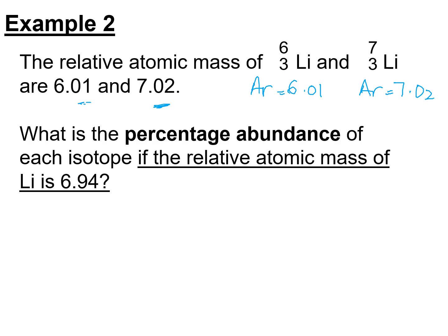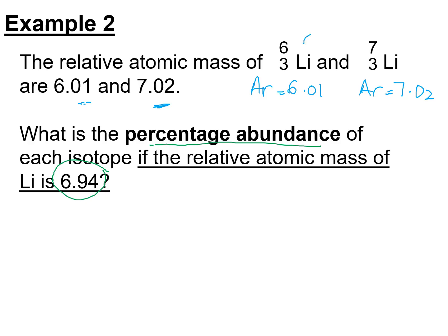Dia nak percentage abundance of each isotope if the relative atomic mass of Li adalah 6.94. Soalan ni macam soalan example yang before this. Soalan before this dia nak percentage abundance of chlorine sahaja, dibagi relative atomic mass untuk each isotope chlorine berbeza.